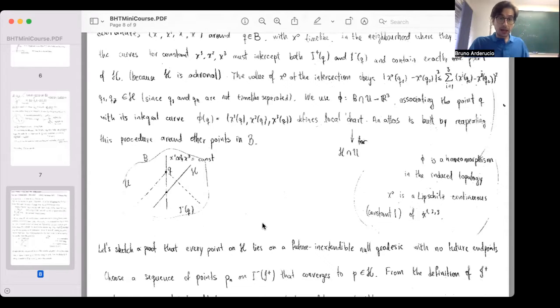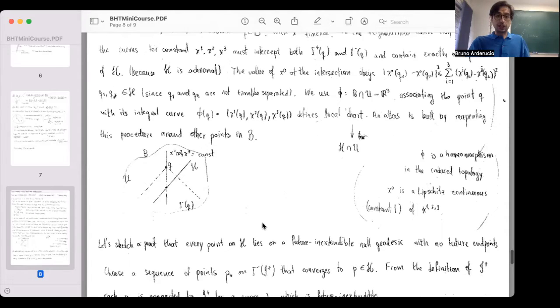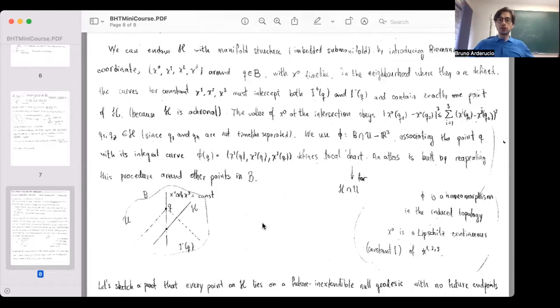Okay, now let's keep in mind what is missing. We know that the horizon is achronal. There are no conjugate points. If there are no conjugate points, then you have the focusing theorem. So all the geodesics generating the horizon can be extended indefinitely.